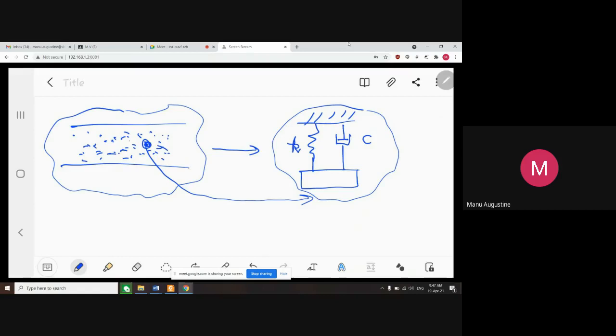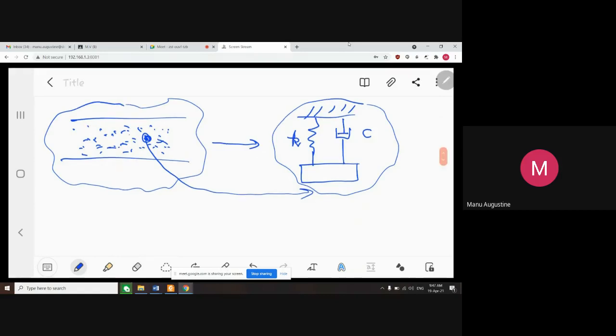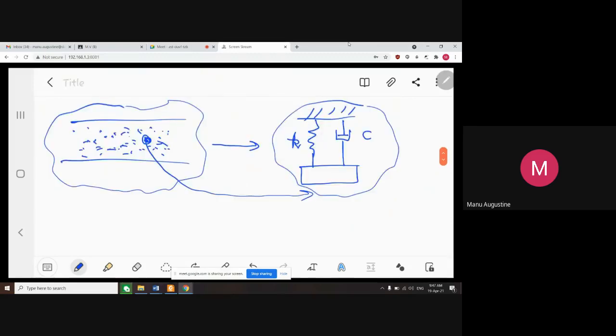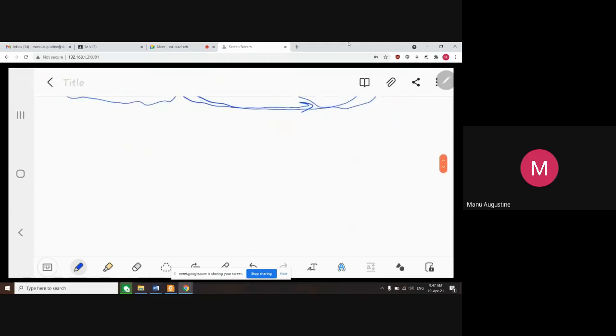You have still limited opportunities available for observation. What I'm trying to say is, if it was a simple case of viscosity offered by fluid, you can easily convert it into a mathematical model of C, or an equivalent damper can be put here. What do you do when this is not the case?